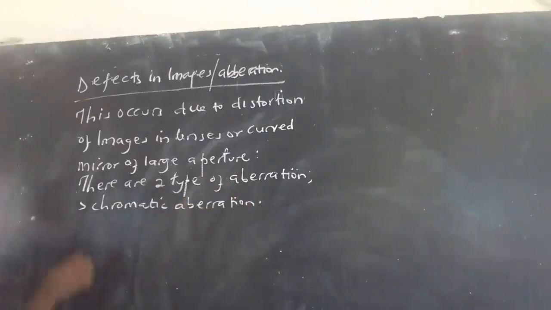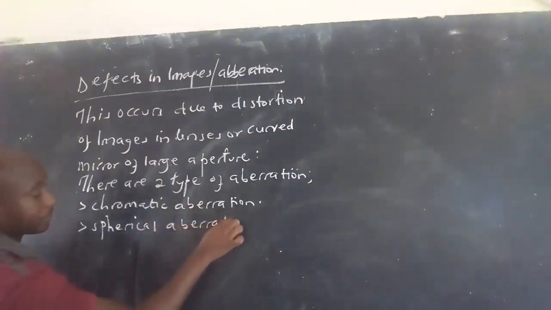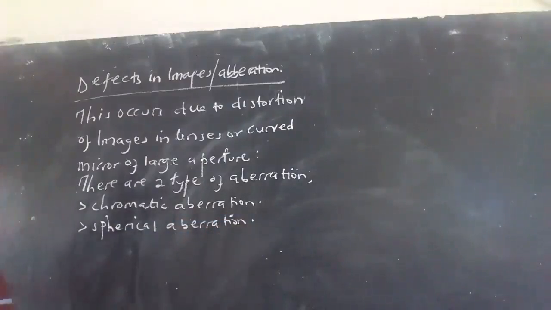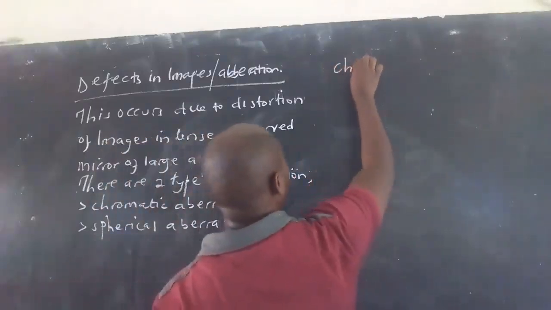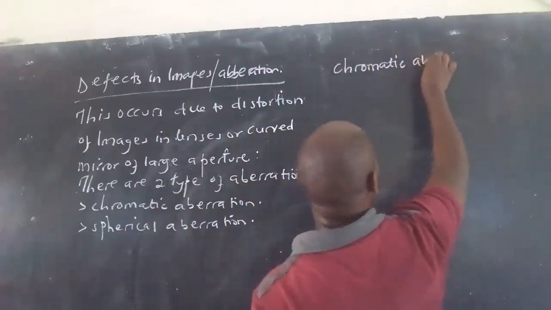Then we have spherical aberration. So we shall now start with chromatic aberration.